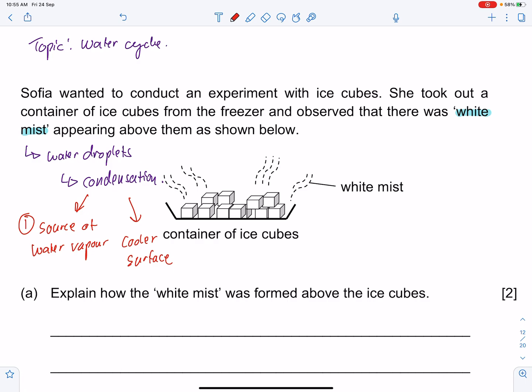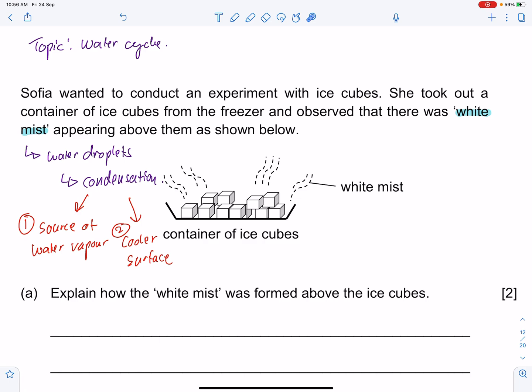I need to know what this is. These are my two most important things to identify. So without even going into the question, I already know at the back of my mind what's going to happen. And this is what you need to do in exam. You cannot get this question wrong. It has to be full marks and nothing else. Come on. It's such a common question.